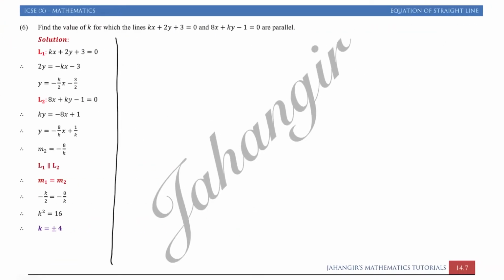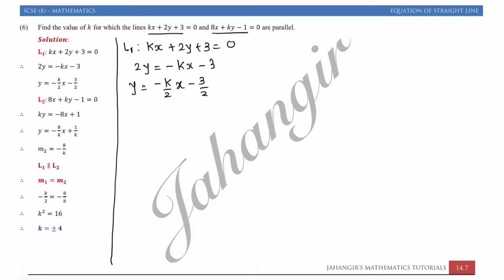Find the value of k for which the line kx + 2y + 3 = 0 and the line 8x + ky - 1 = 0 are parallel. For parallel, we will again find the slope. So let us consider the first equation, kx + 2y + 3 = 0. 2y is equal to -kx - 3. y is equal to -k upon 2 x - 3 by 2.